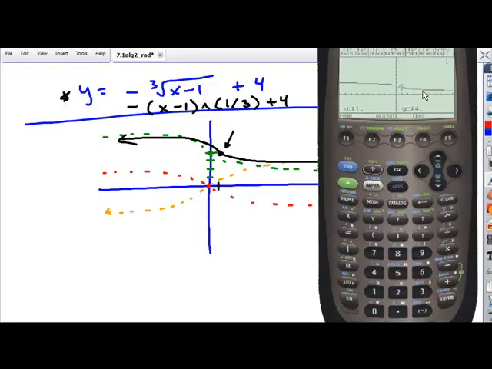Are there any limits on our domain here? Are there any restrictions on what x can be? No, it can be negative infinity to infinity. What about our range, our y's? As flat as these are, are they increasing as you move? Yeah, they're going to continue to increase, so there's no limit on the range either.